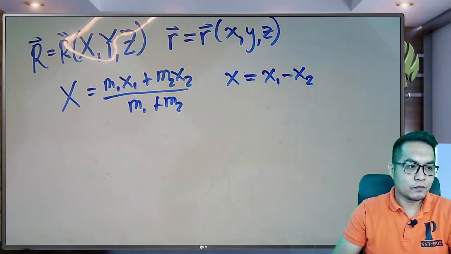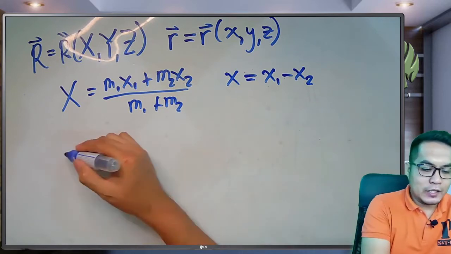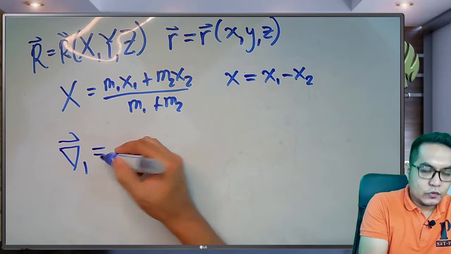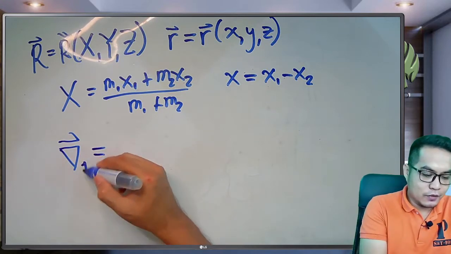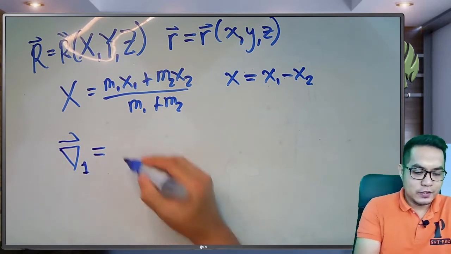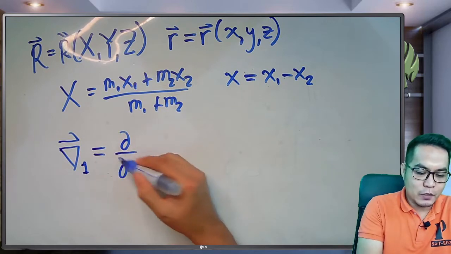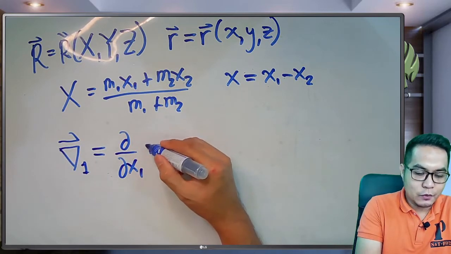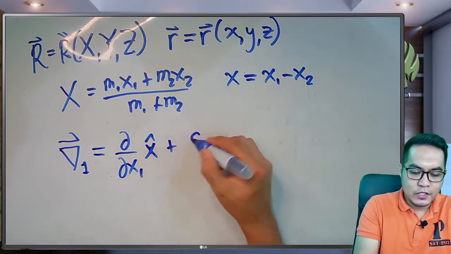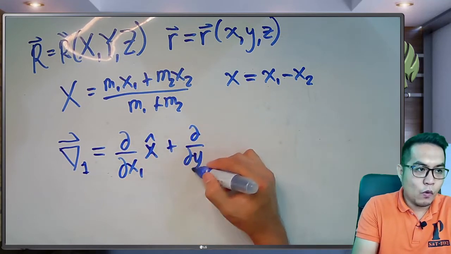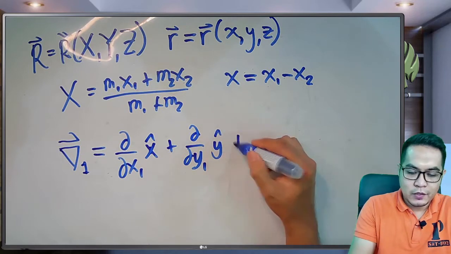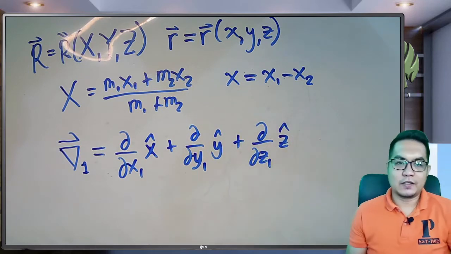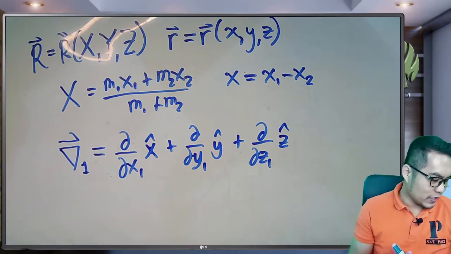Now, the del operator acting on particle 1 is given by partial with respect to x1 x hat, plus partial with respect to y1 y hat, plus partial with respect to z1 z hat. So that's actually the three-dimensional del operator.